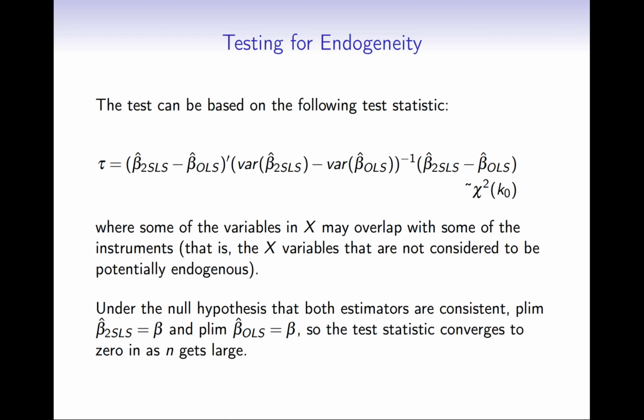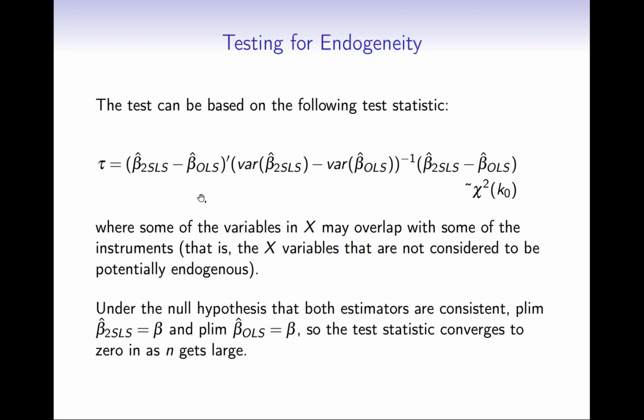Now consider under the alternative. The alternative is that two-stage least squares is valid, but beta hat OLS is not. So beta hat OLS is not consistent, and two-stage least squares is consistent. In that case, this goes to beta, and this goes to who knows what.